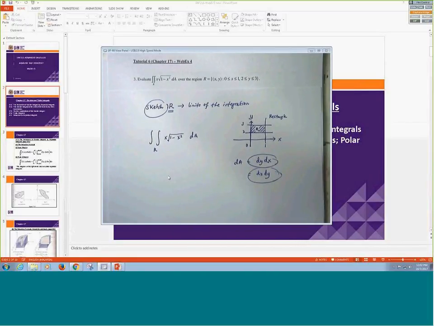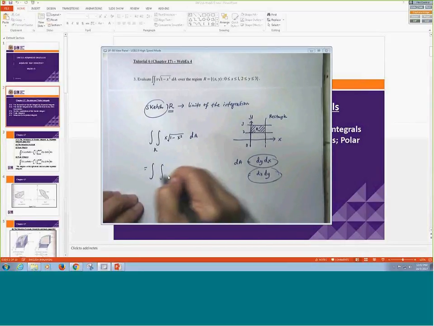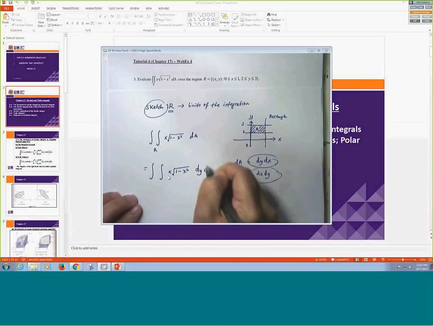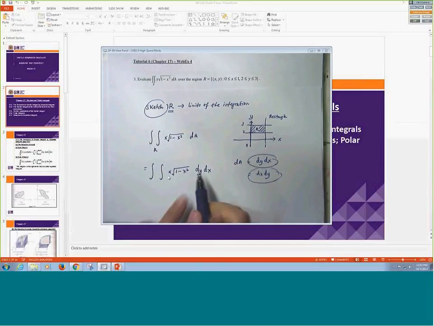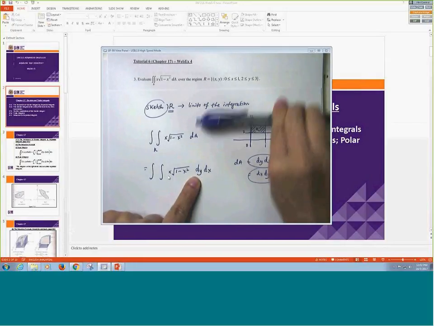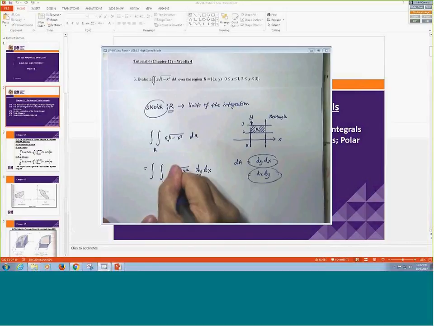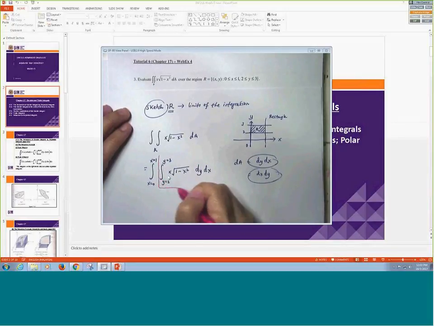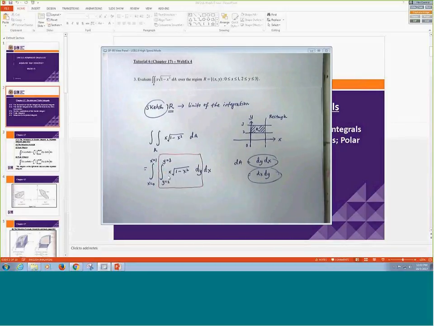For example, if I choose dy dx, then y is from 2 to 3 and x is from 0 to 1. So we solve for y first, and then only solve for x.